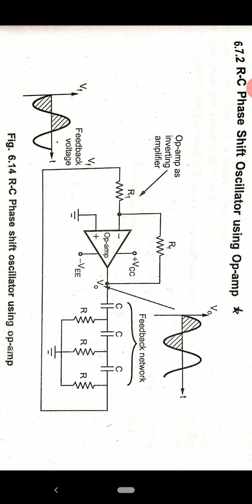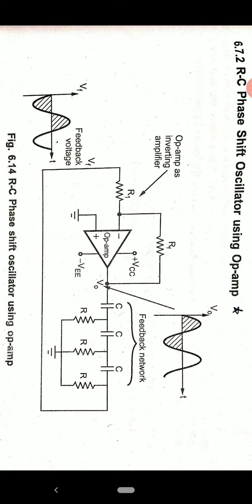gain multiplied by the feedback factor, that is A beta, should be equal to 1. That means there are two conditions. One is that there should not be any phase difference between input and output, that is, the phase difference should be 0 degrees or 360 degrees, and the mod of A beta should be equal to 1.